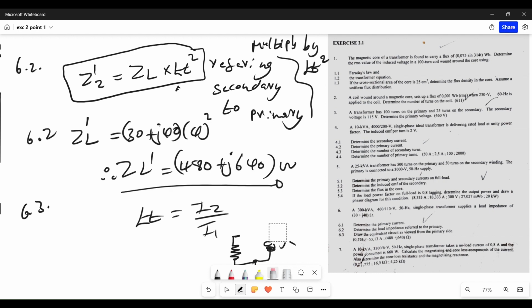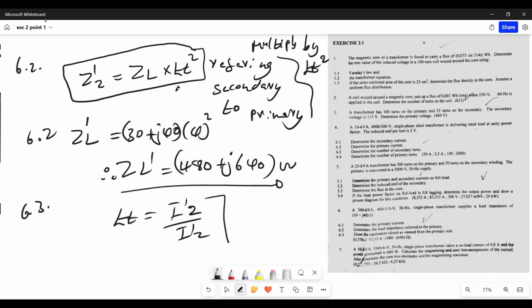This is I0. It's when this thing is not there inside your approximate circuit. Why am I saying this? Usually the KT ratio gives us KT is equal to I2 over I prime 2, where I prime 2 is the load current.